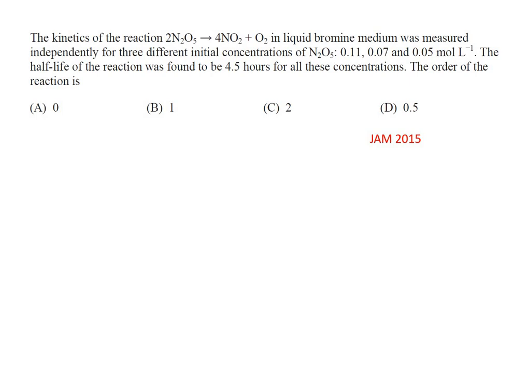So what is the order of the reaction? Of course we will not evaluate anything for this problem, because as I have shown in the review part, t half is not a function of [A]0 for order n equal to 1. So the problem corresponds to first order. It is option B. Right. Okay.